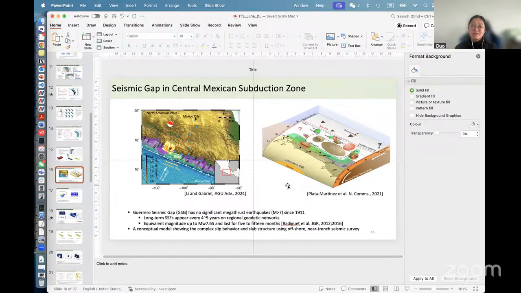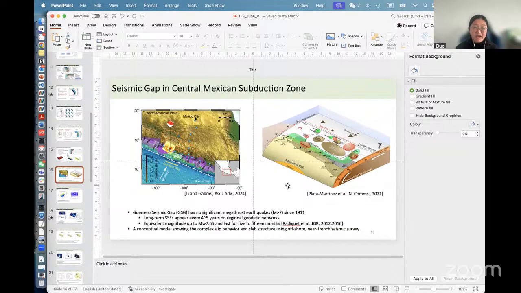Most of these slow slip events were observed in young and warm subduction, meaning the subduction dipping angle is shallower and the temperature at that depth, like at 30 kilometer depth, is much higher than in cold and old subduction.